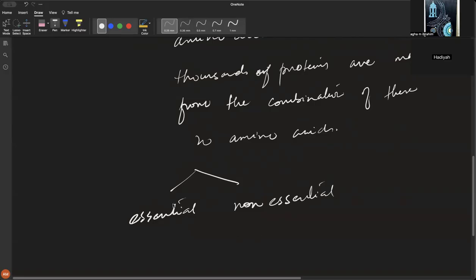What are essential amino acids? Essential amino acids are the ones that cannot be synthesized by the body from scratch. You understand?